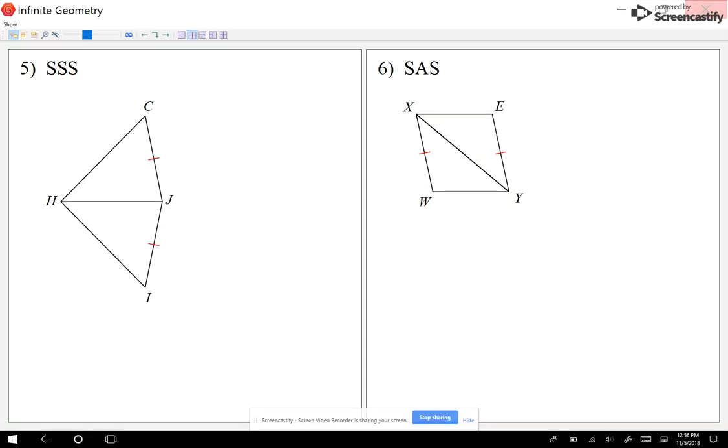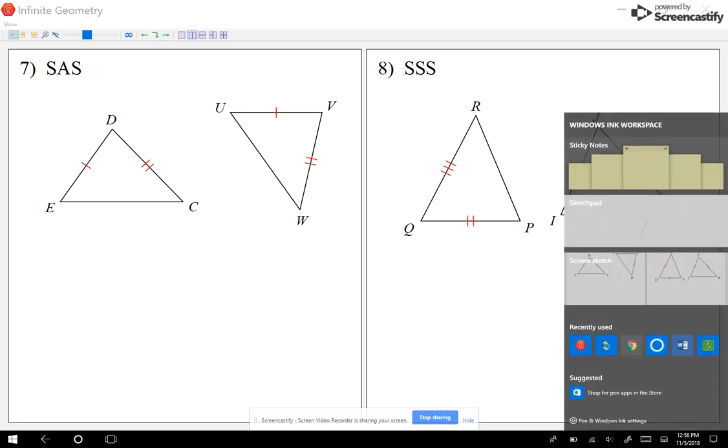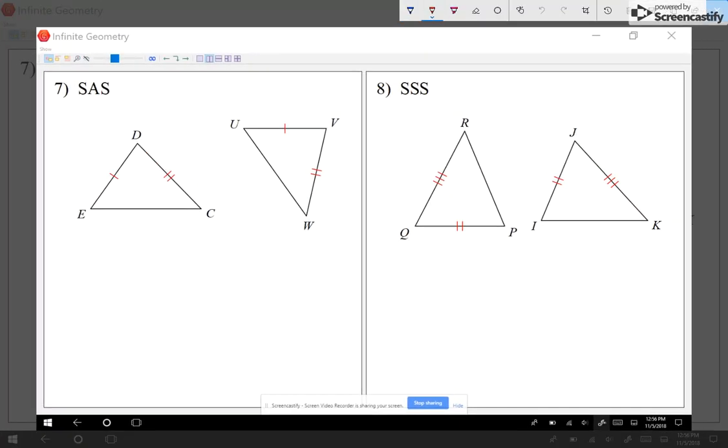Okay. Looking at my last two examples here, question number 7. Technically, I'm given two sides, and I want this to be side, angle, side. So I'm missing the angle. In one triangle, the angle that I'm missing is this one, and in the other triangle, the angle that I'm missing is that one.